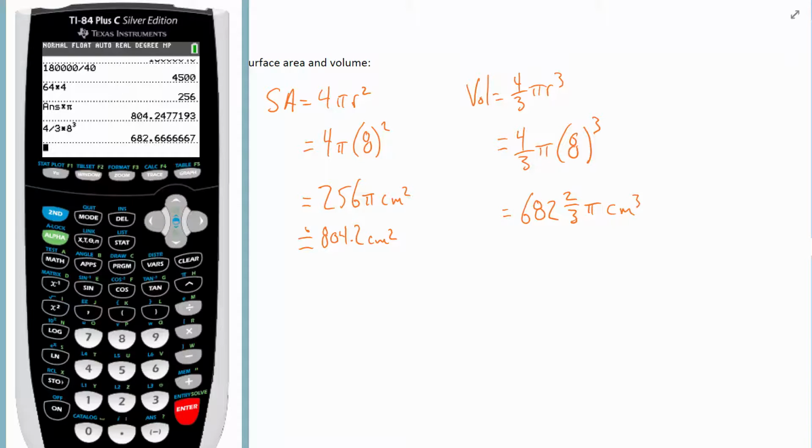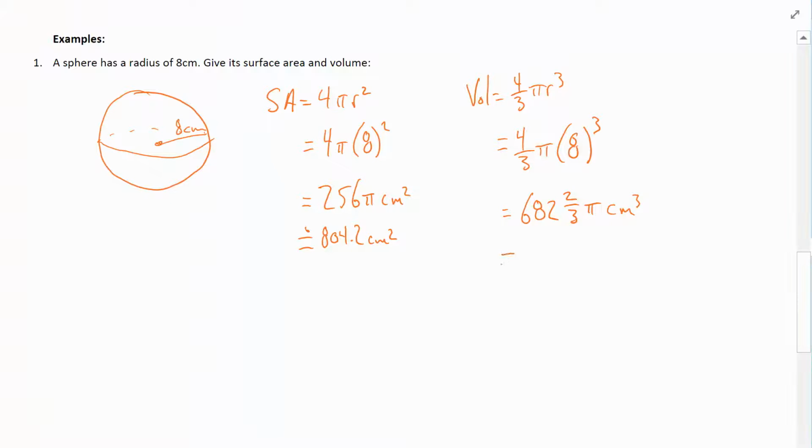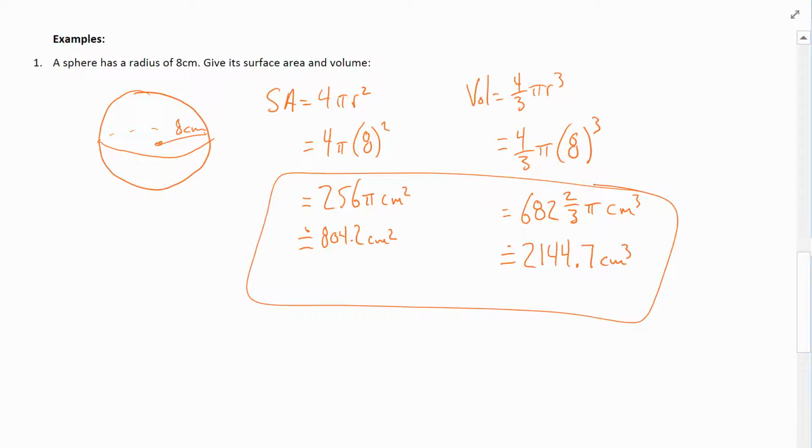And multiplying the pi into there, if I want to get this as a decimal number, gives me 2,144.7 cubic centimeters. Just that simple.